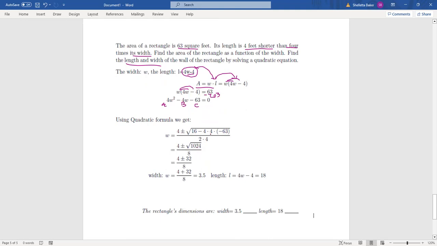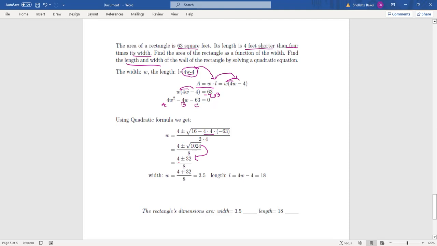When we simplify underneath that radical, remember we have to multiply first. So 16 plus 16 times that 63, we get 1,024. And this is a perfect square. The square root of 1,024 gives us 32. We carry down the 4, and in the denominator, 2 times a gives us 8.